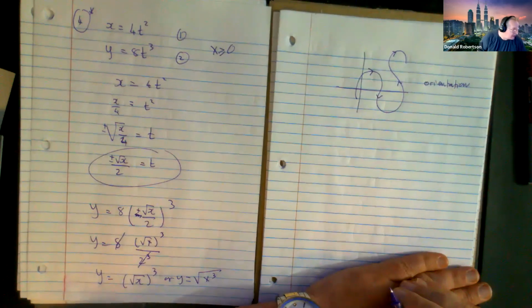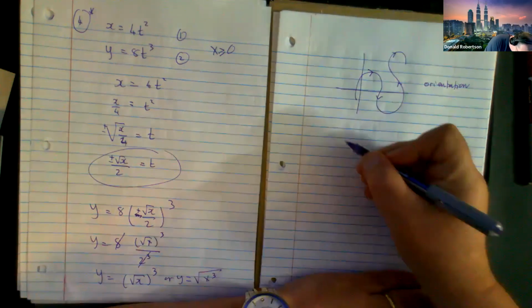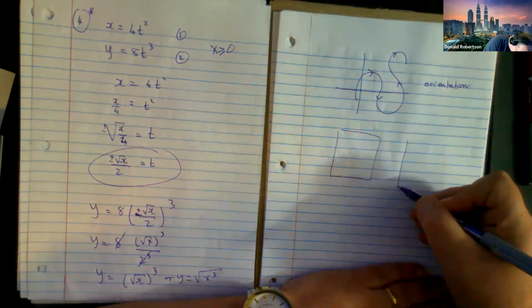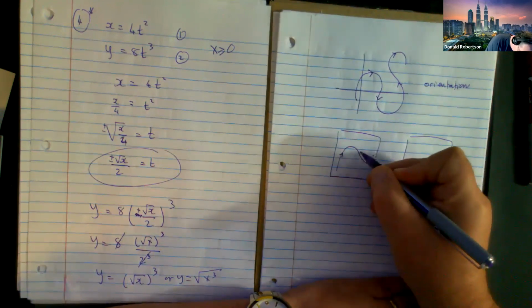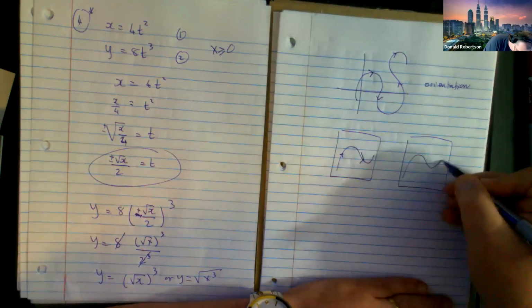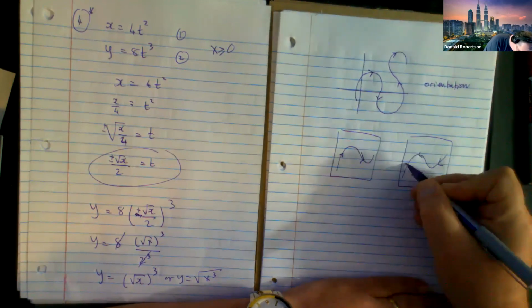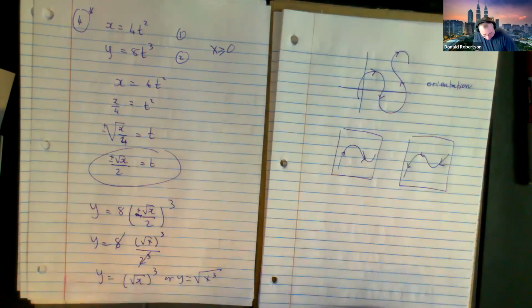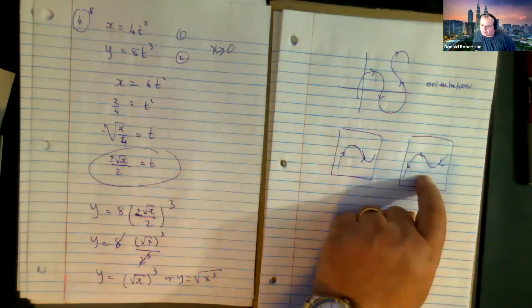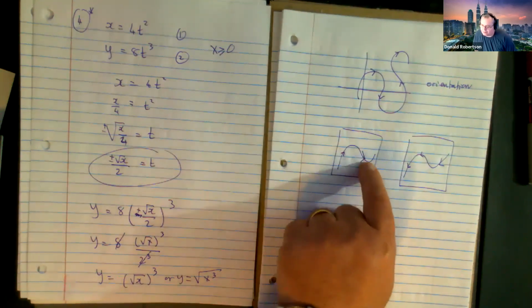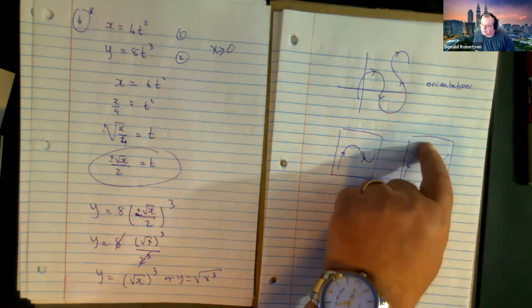And when you look at the pictures that they give you in WebAssign, you're almost always going to get two pictures that are the same, but the orientation is different. You're going to get one that looks like this, and the other, it's going to look like that. So you have to know which orientation is correct, right? Does it go along the curve this way, or does it go along the curve that way?